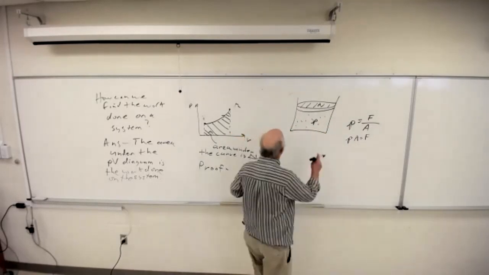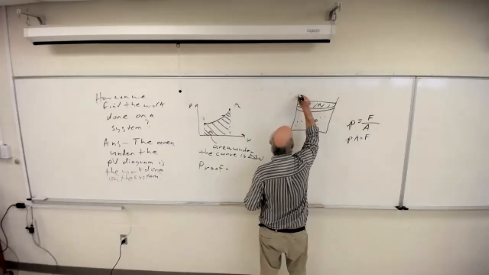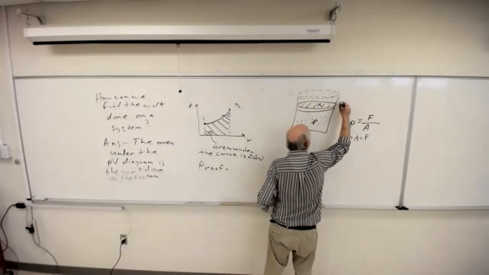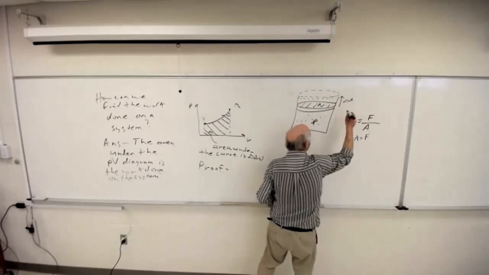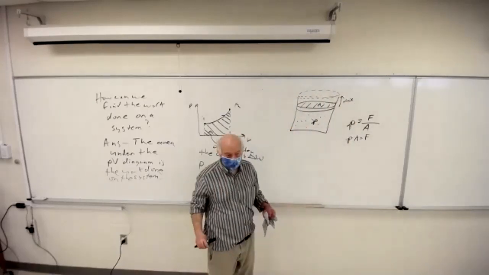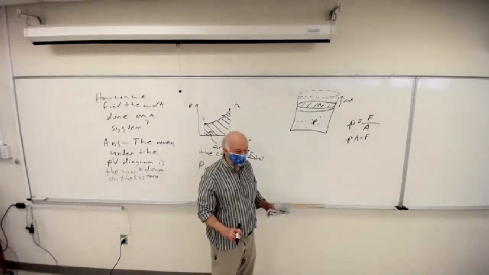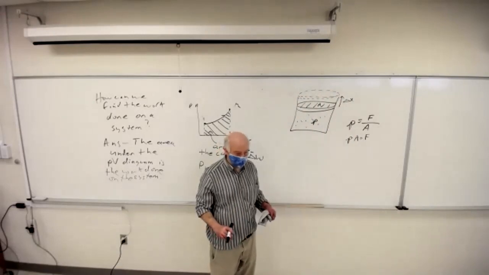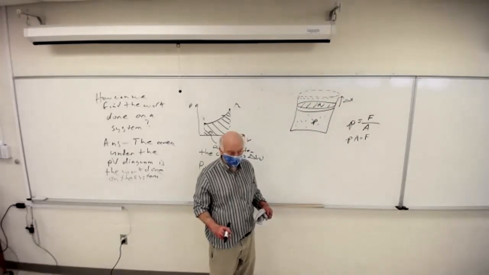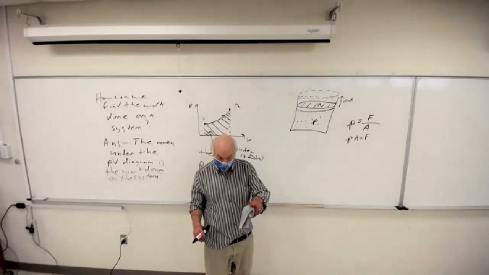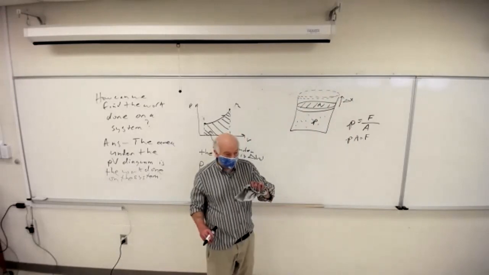Now let's say that that piston moves up some little distance up to here. So let's say this gas moves up some little tiny distance delta X. It's small. What is the definition of work from first semester physics? Like negative delta U or delta U. That's true, okay, with a conservative work.